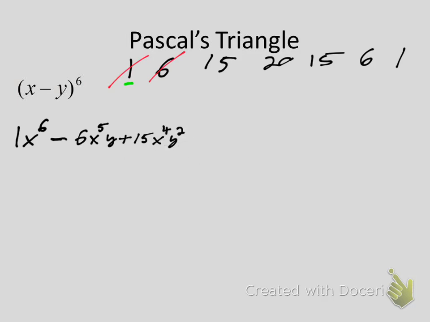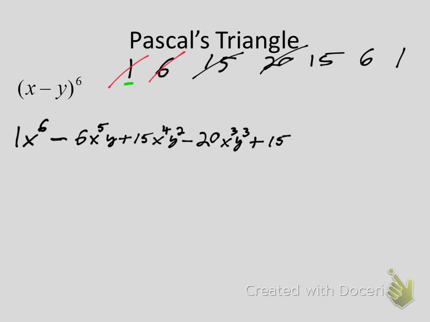Your next sign is a minus. We're done with 15 up here. Your coefficient is 20. X will be to the 3rd. Y will be to the 3rd. We're done with this one. Your next sign is a positive, a plus. 15.